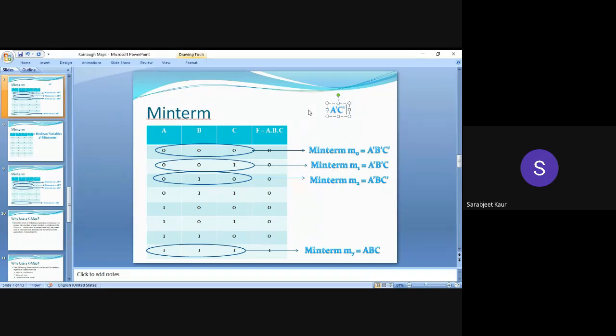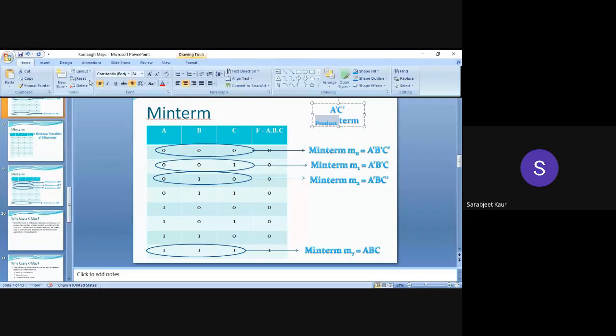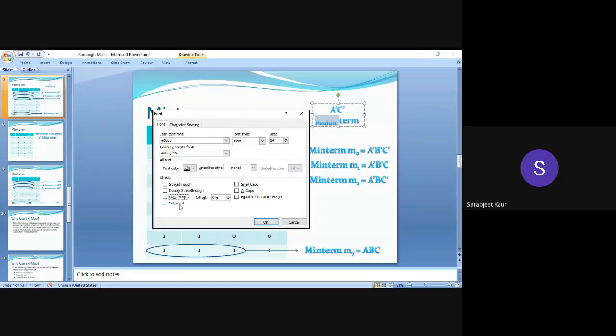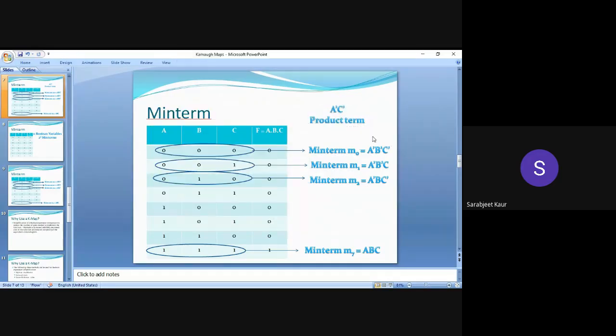We know we don't call it a min term. Then what is it? It is just a product term. This is a normal product term, yes or no? Yes, ma'am. Okay, is this clear? So if any of these terms goes missing, then what remains is a normal product term.